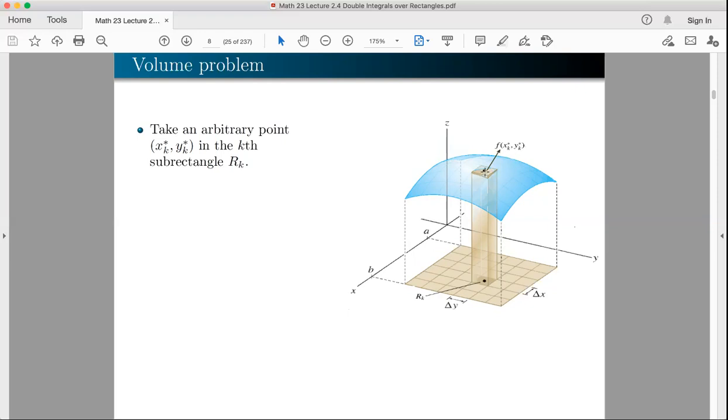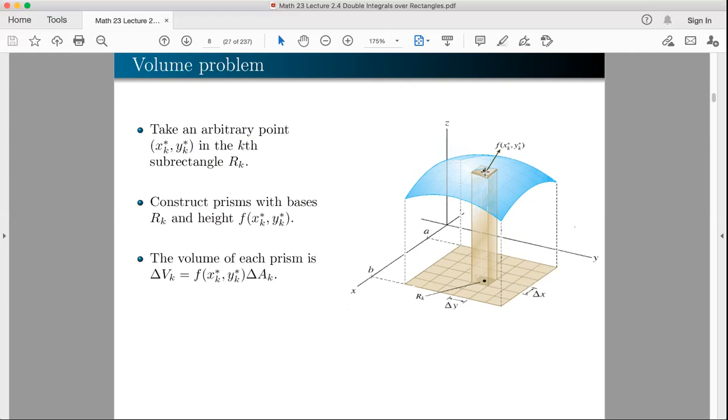So with this height, we can form the prism with base Rk and height f of xk, yk. What is now the volume of this prism? Again, it's just the area of the base times the height, which is up to the surface f. So the volume is given by f of xk, yk times the area of the base.